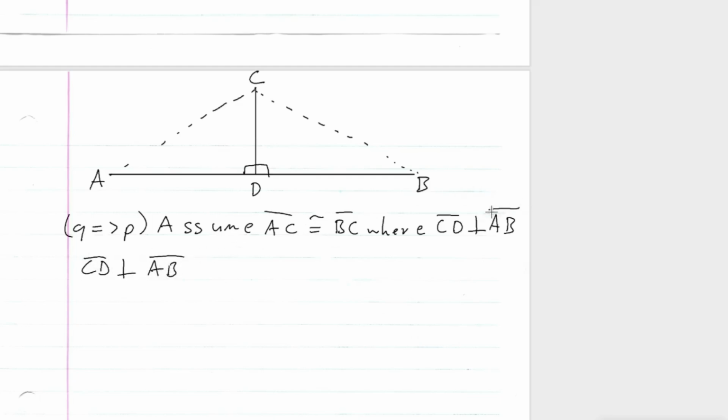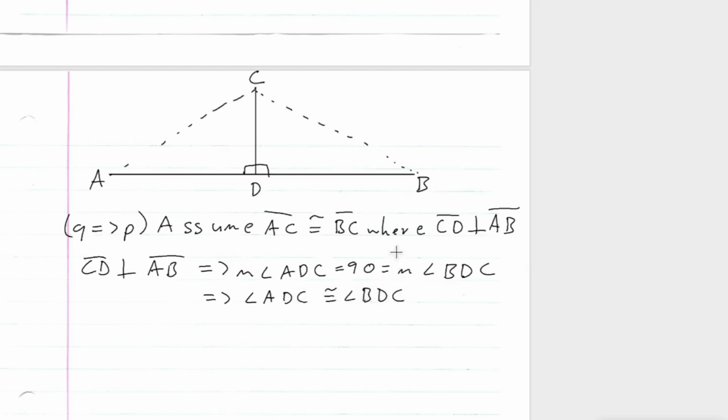Let me put a line over there. This implies, of course, that the measure of angle ADC is equal to 90, which is equal to the measure of angle BDC. And of course, this implies that angle ADC is congruent to angle BDC.